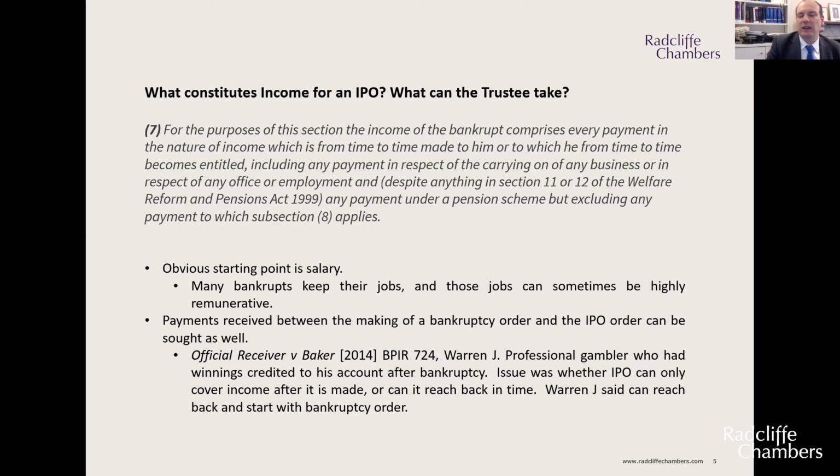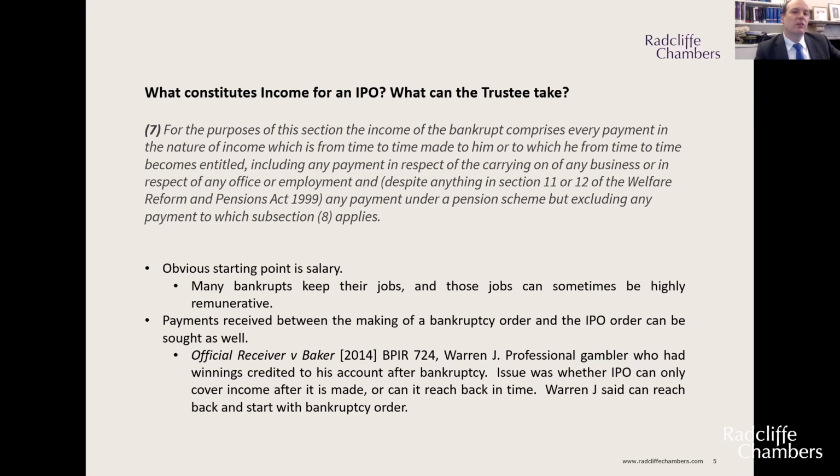So the question was, can an income payment order actually attach to income which might have preceded the actual application, but came after the actual bankruptcy order itself? Well, Mr. Justice Warren in that case held that, yes, the IPO can attach to not just salary, but something akin to lump sum payments or periodic payments in the kind of income that the professional gambler in this case had accrued between the bankruptcy order and the actual making of the application.